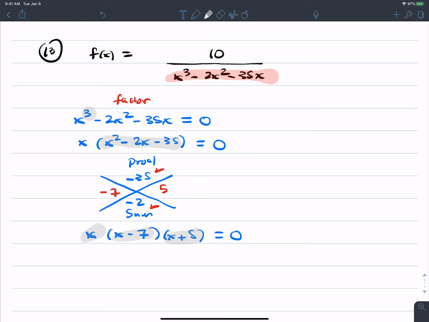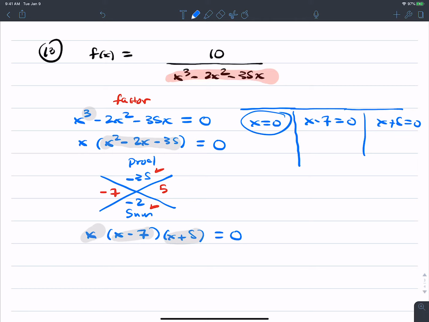So we can again generalize by putting all 3 terms equal to 0. x is 0. x minus 7 is 0. x plus 5 is 0. Now, this first term is already equal to 0. But I'm going to have to add 7 to both sides here, and I'll get x is positive 7. Subtract 5 from both sides, and I'll get x is negative 5.